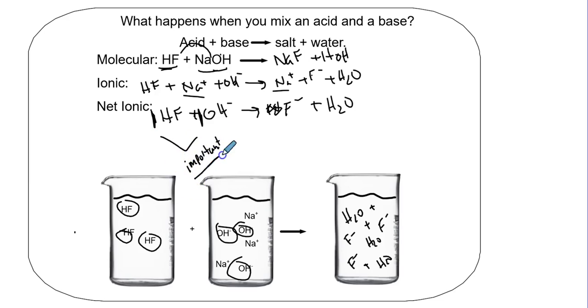Things don't react based on strength. They react based on numbers, the moles of these. So the quantity matters, not whether this one's strong or this one's weak. So keep that in mind.